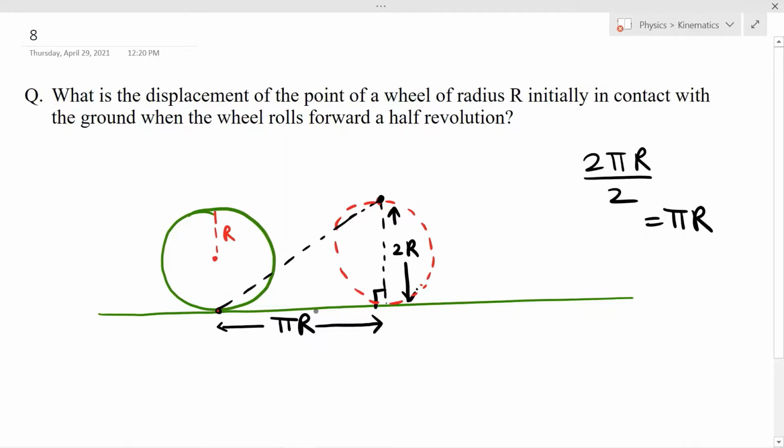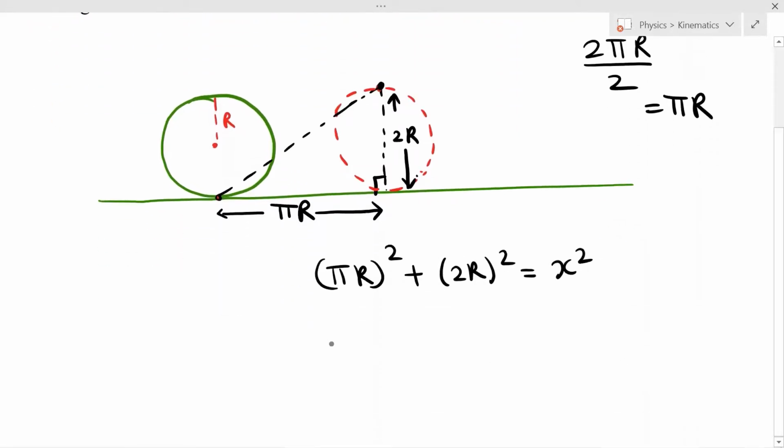not distance but displacement. So this will be pi r whole square plus 2r whole square is equal to x square. So what is x square then? Pi square r square plus 4r square.